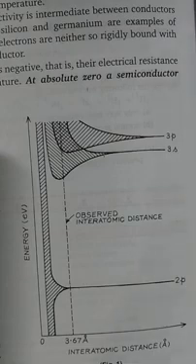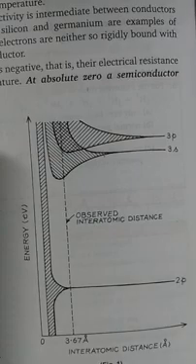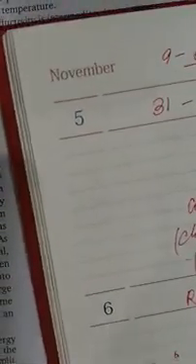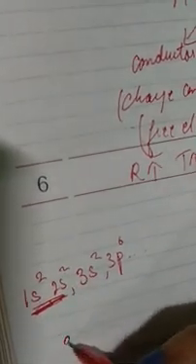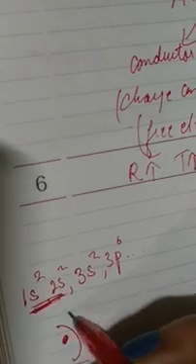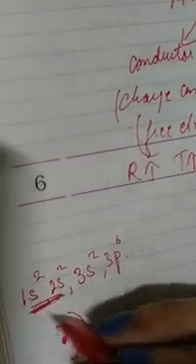The reason is that electrons in the lower levels are the inner electrons, such as 1s, 2s. These are lower levels where the electrons are bound to the nucleus.